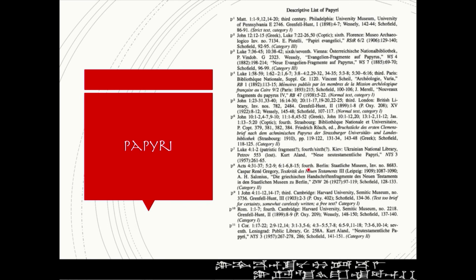And if I wanted to go find it, I'd find it in Berlin. And then there's some basic bibliographic information concerning that manuscript. So that's how you use Aland's book to identify and gain some basic information on the various papyri.